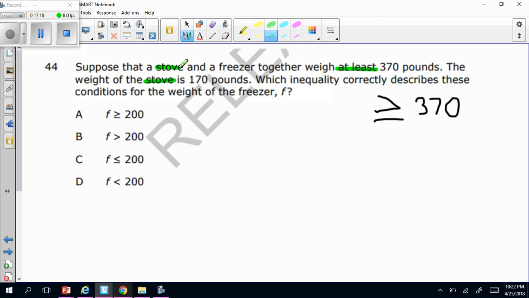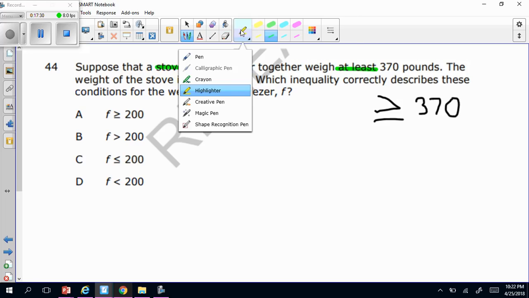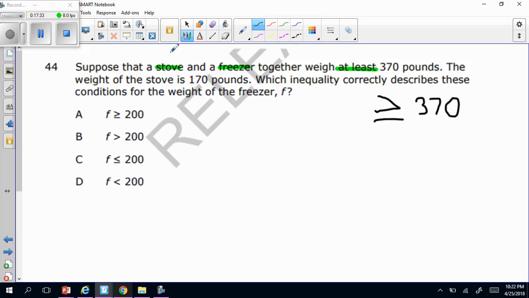So the stove and the freezer here. Not this, we just need one stove. So moving on. So let's represent the stove as S. Let's represent the freezer as F.